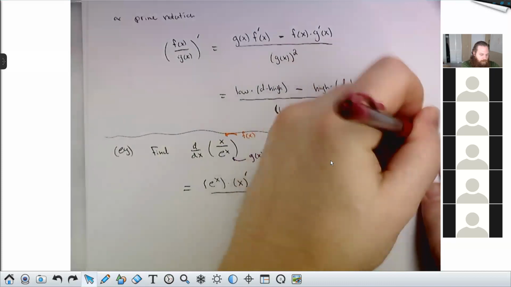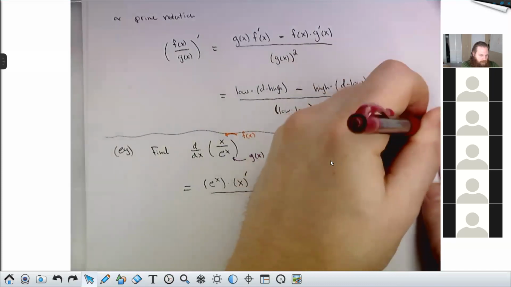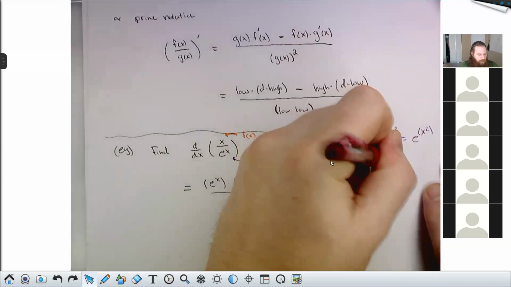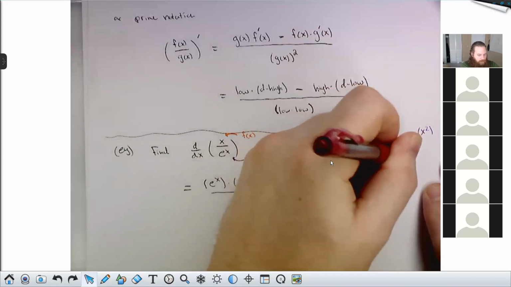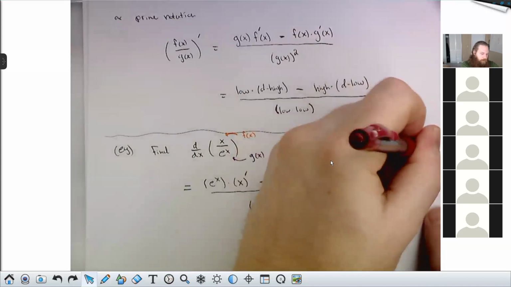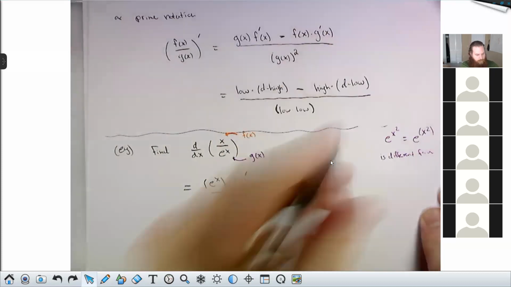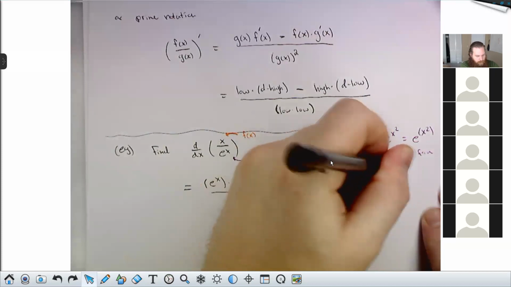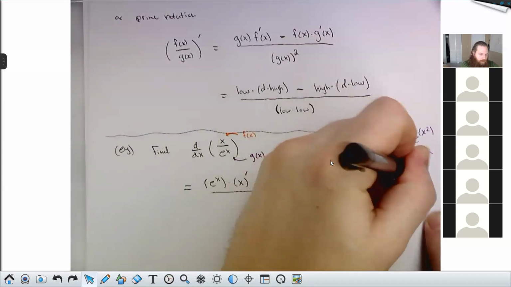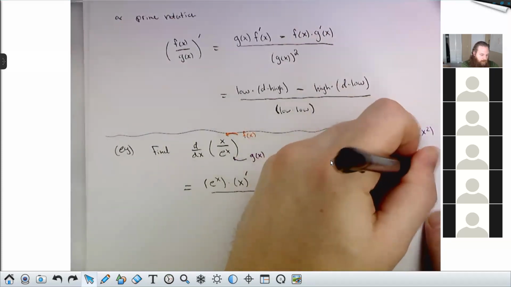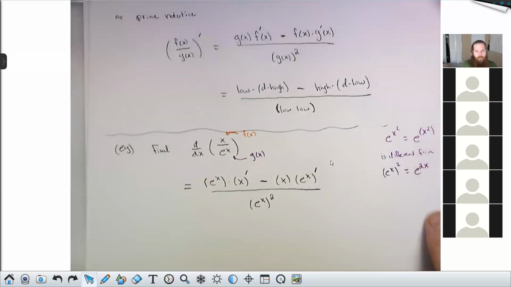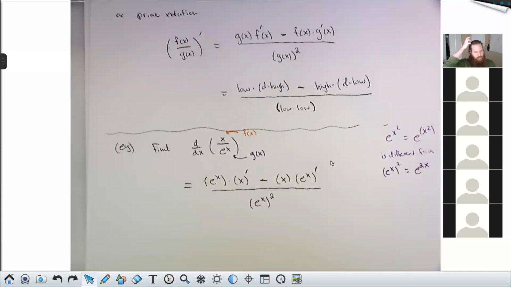This always means, when you see it written like that, e to the (x squared), which is different from (e to the x) all squared, which is actually e to the x times e to the x, which is e to the 2x. Just a little comment on notation. So the parentheses downstairs are important. When I square e to the x like that, we need to write it in parentheses.